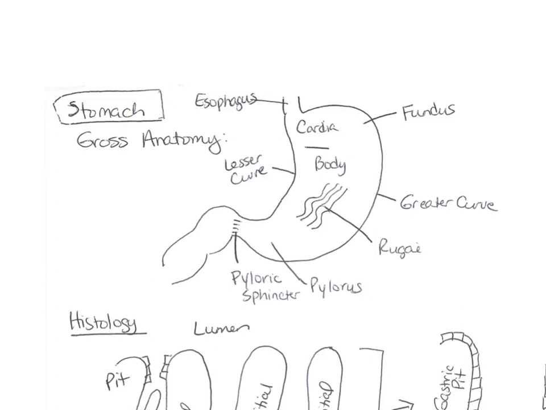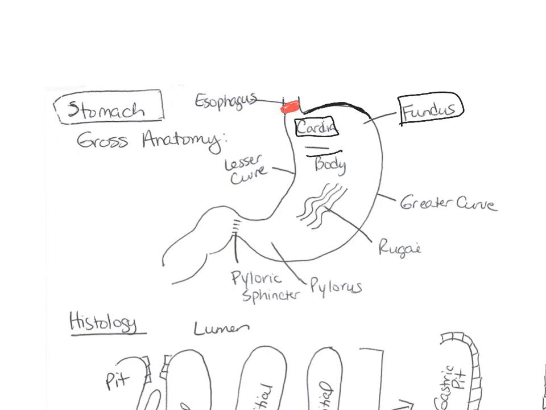Here's all the different parts of the stomach. So here we can see the esophagus, and again there would be a lower esophageal sphincter right there. And then from the esophagus, the first part of the stomach is called the cardia, and then there's this large sort of a superior bump on the stomach that's called the fundus.